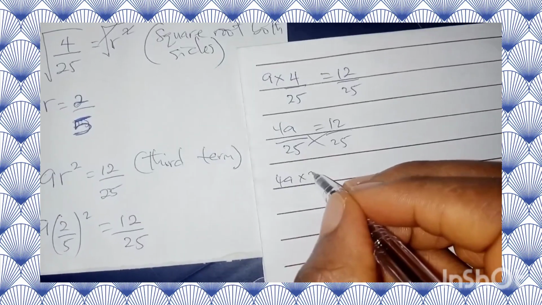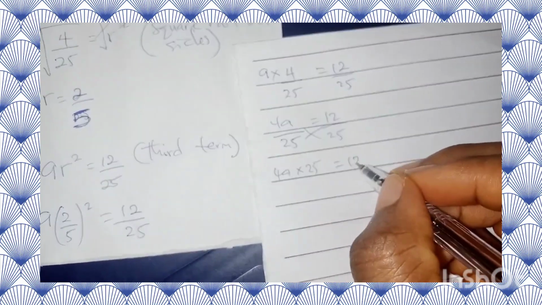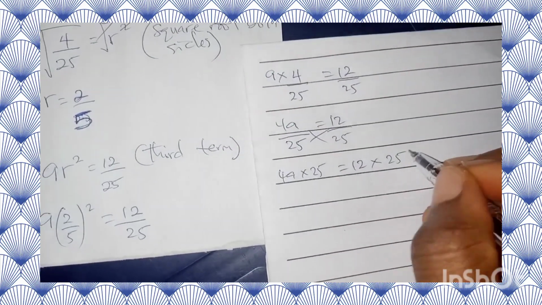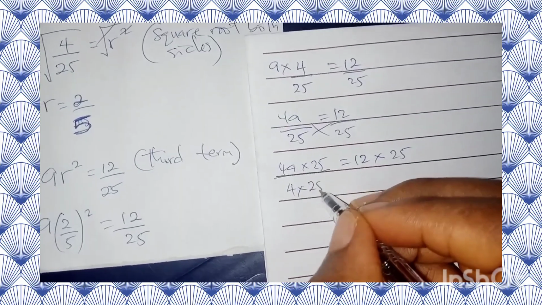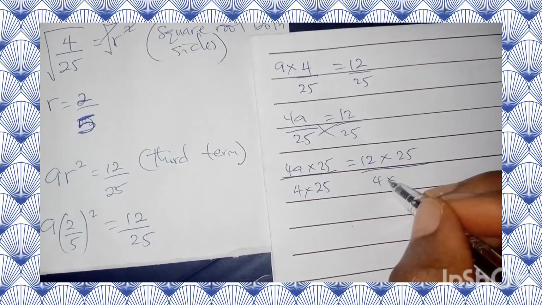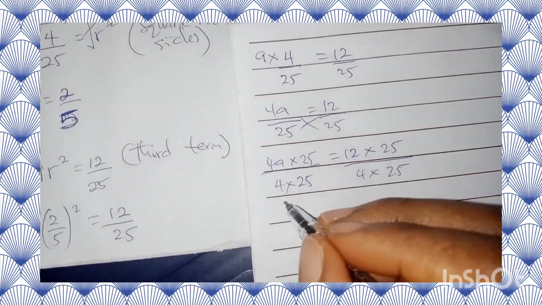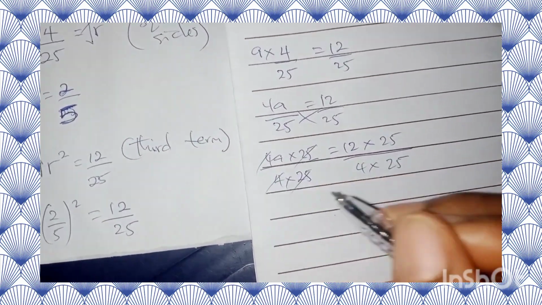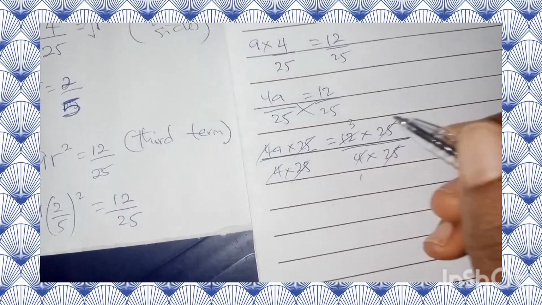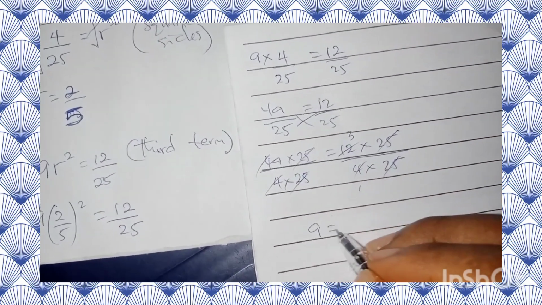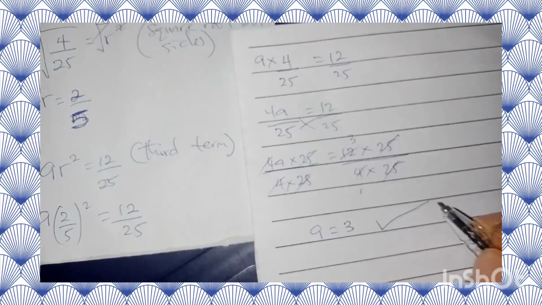Next thing we do is to cross multiply. While cross multiplying, you have 4A multiplying 25, and 12 multiplying 25 as well. So we divide both sides by 4 times 25, and that cancels, this cancels, and we have 3 left on the right hand side. So that gives us our A to be 3.